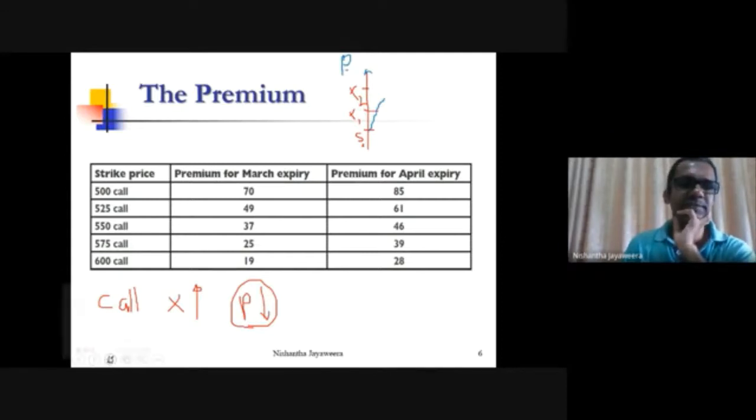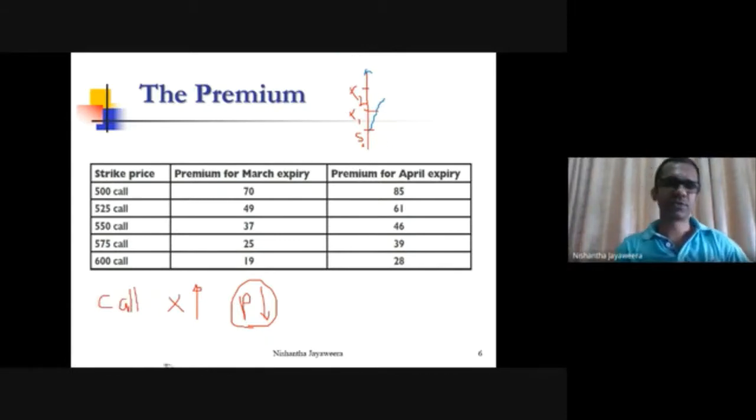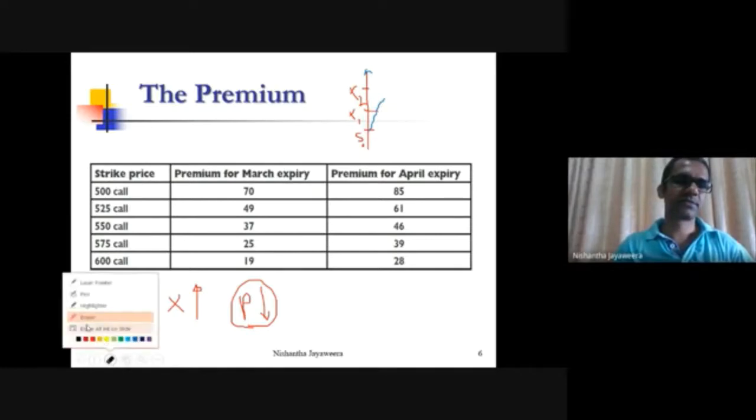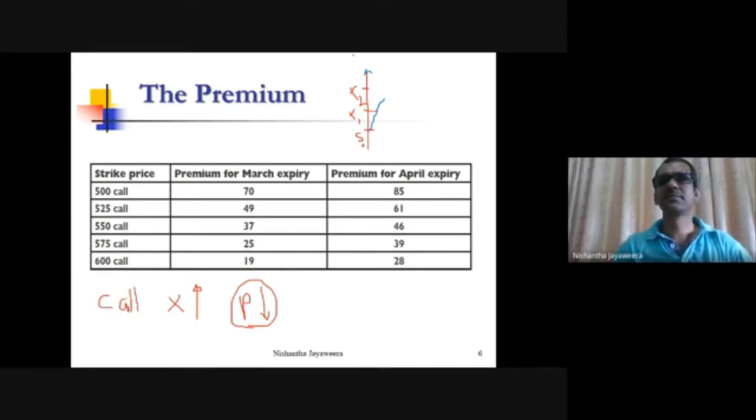If the spot price increases above the strike price, what would happen?